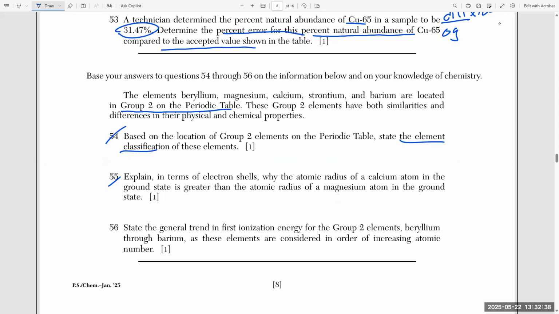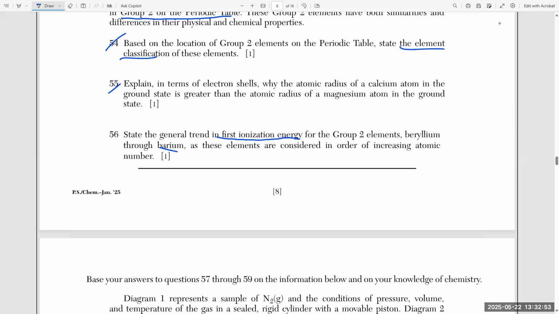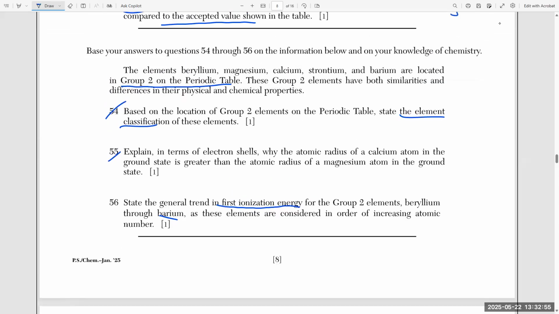Number 56, state the general trend in first ionization energy for the group 2 elements, beryllium through barium, as these elements are considered in order of increasing atomic number, right? So a couple of things we need to understand. What I remember saying in class is you got to understand two things. One, what is the atomic radii trend first? Second, understand the definition of what ionization energy or electronegativity are, and then apply it to a radius.